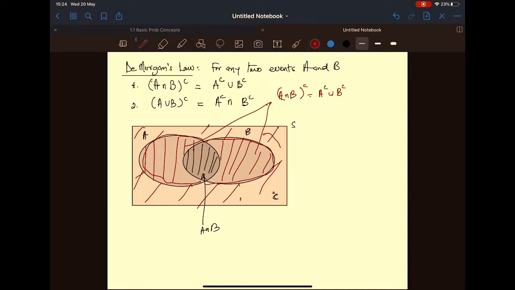The same happens for A union B complement, which is A complement intersection B complement, and that is the outer region of C. So that is the basic law of De Morgan.